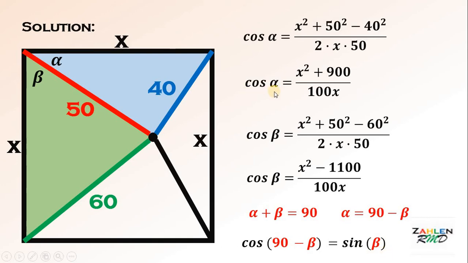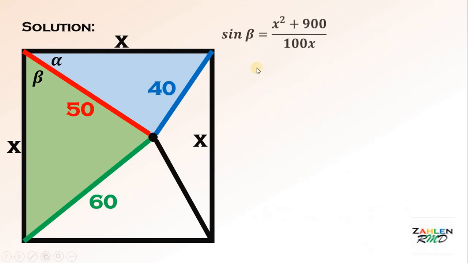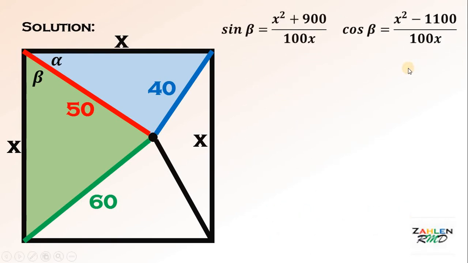Therefore, this cosine alpha is simply the same thing as cosine of 90 minus beta, and cosine of 90 minus beta is equal to sine of beta. So we can replace this cosine alpha with sine of beta. Now we have sine of beta and cosine of beta.